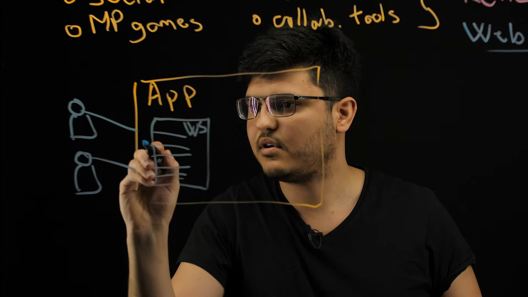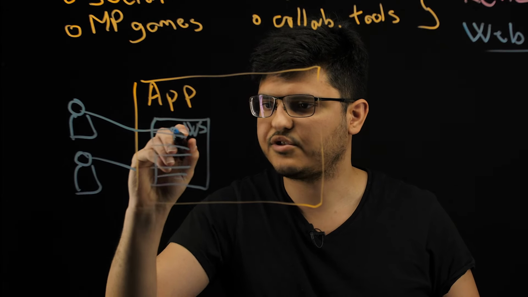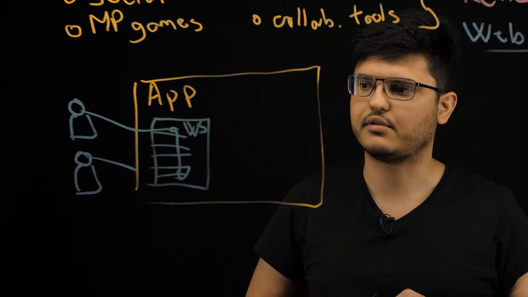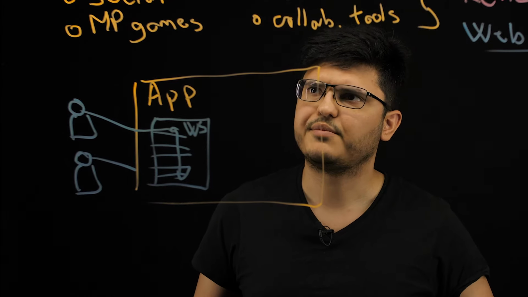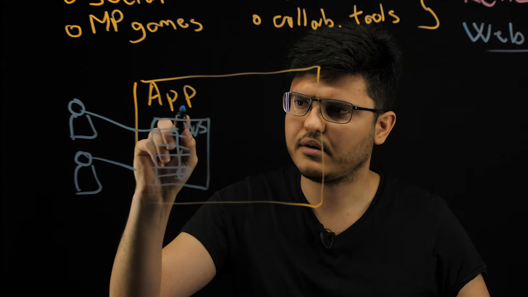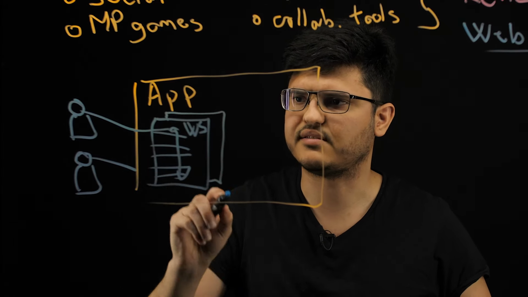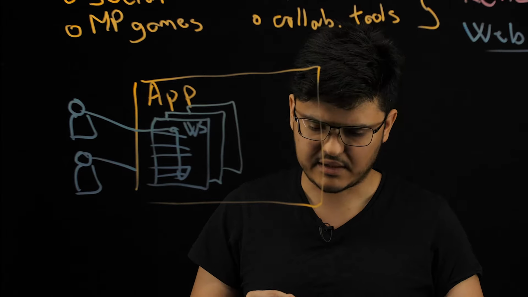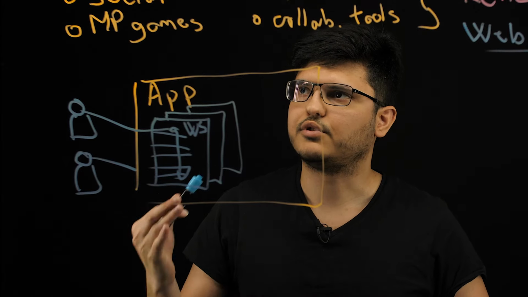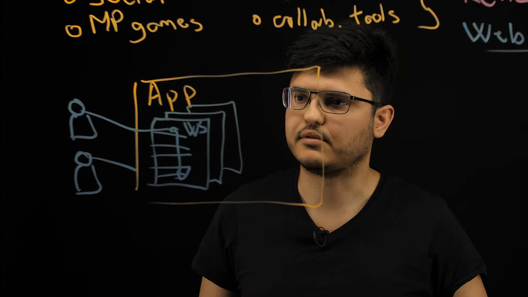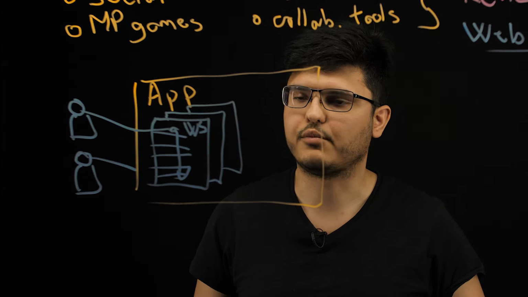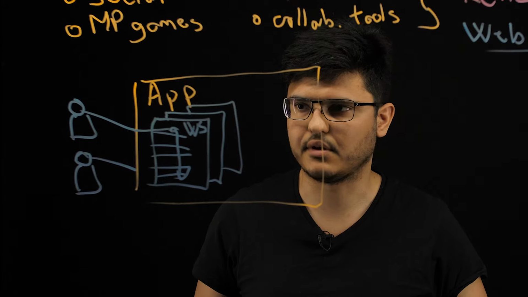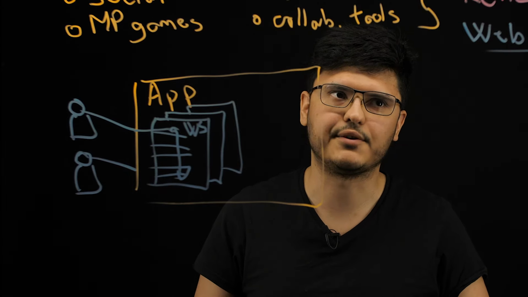And whenever one of these users makes an interaction, you propagate that to every other WebSocket connection in the list. Of course, in practice, you have more than one list, not only one, because not everybody is interested in everybody else's activity. So for example, for social apps, one of these lists could correspond to a chat group, or for multiplayer games, each one of these would be a different match, and so on.